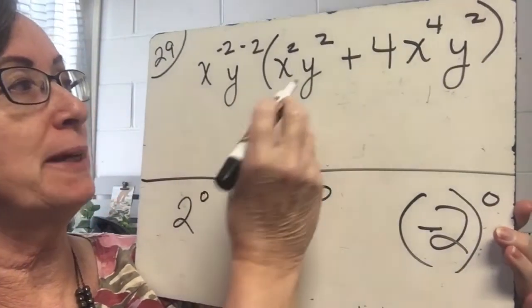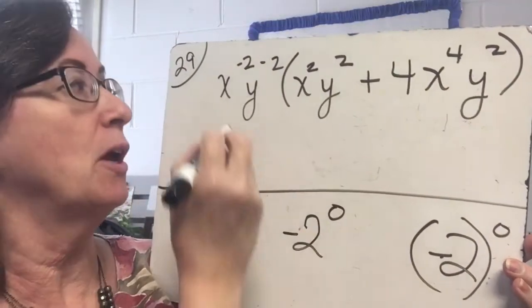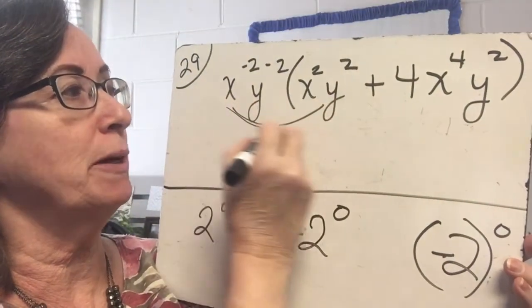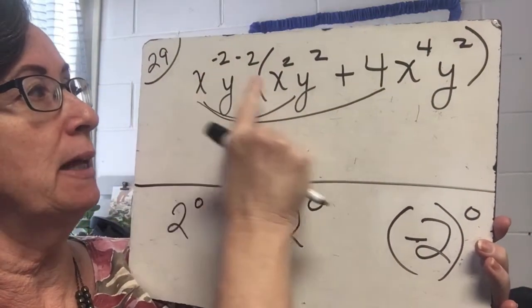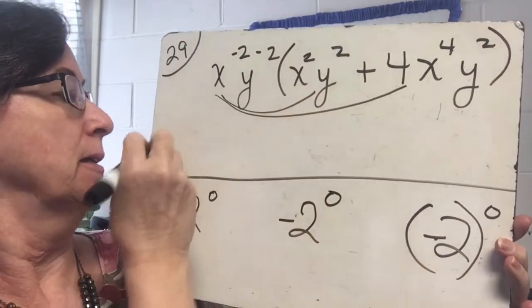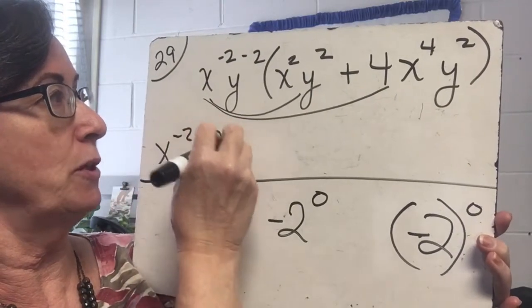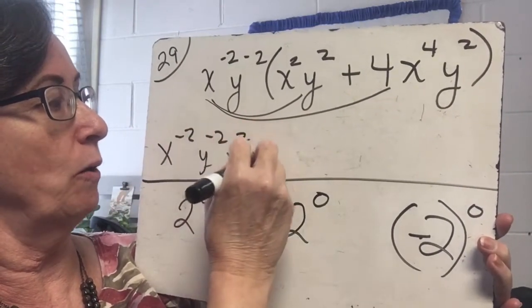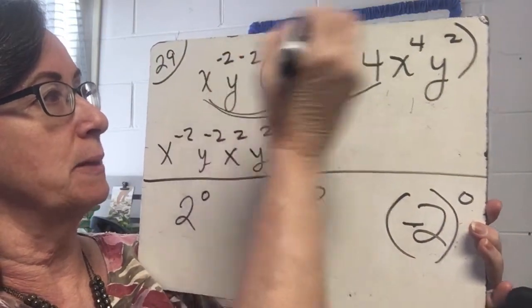So here, because we cannot add these two together, they are not like terms, we must distribute to simplify. So we're going to take this one and multiply it by this one. So we would have x negative 2, y negative 2, x squared, y squared, plus this one times this one.